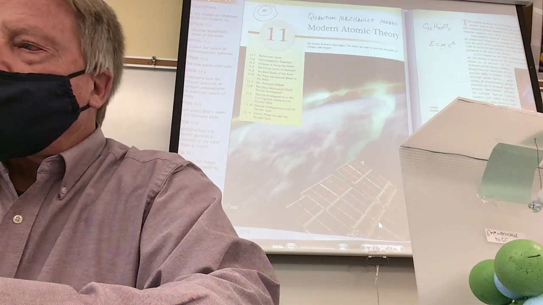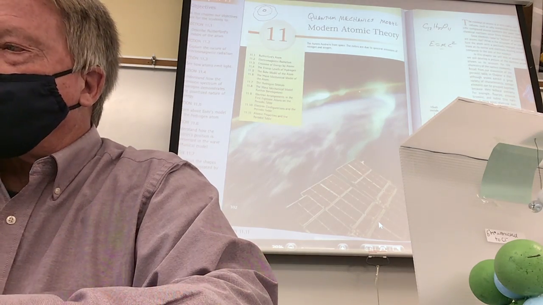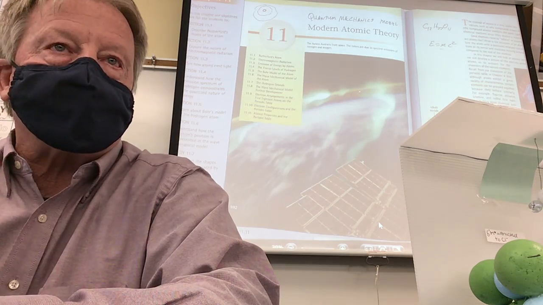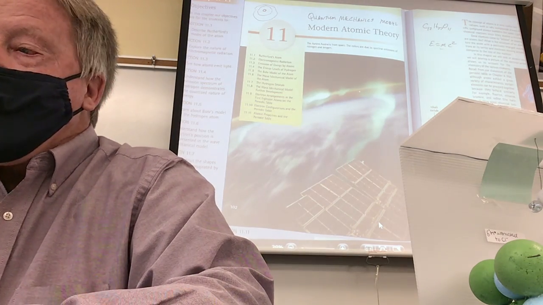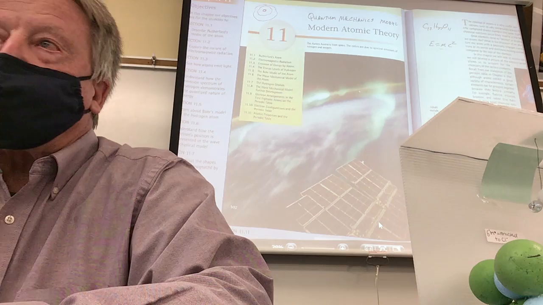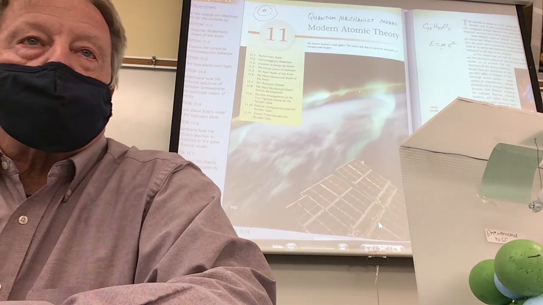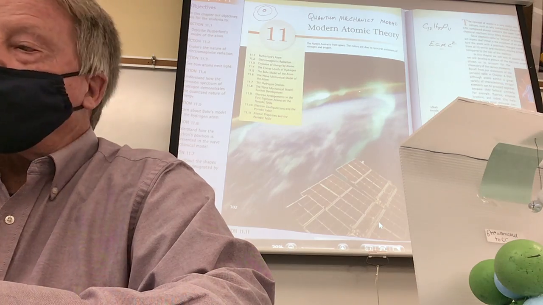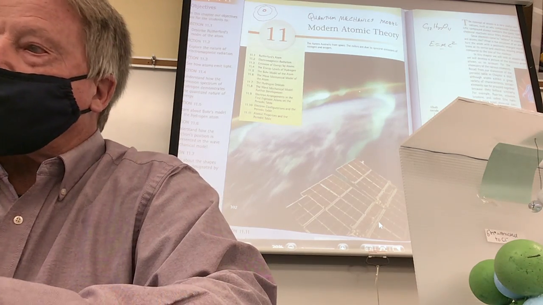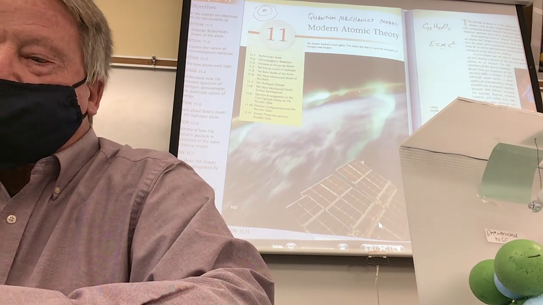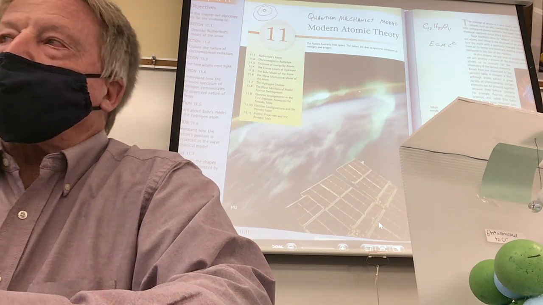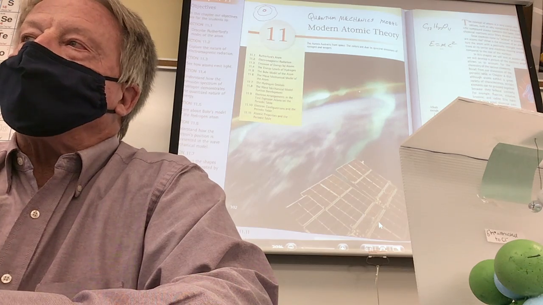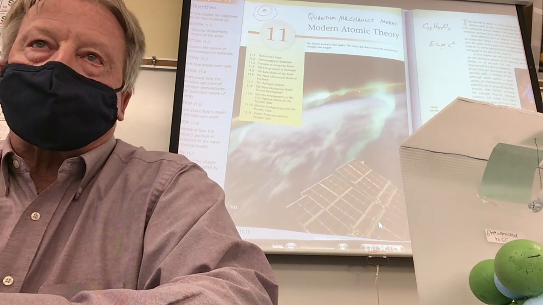Even though it says modern, most of this was developed in the early 1900s, early 20th century. And people like Einstein and Heisenberg and Schrodinger. Anyway, you'll hear some of these names and you'll find out what they did. So we're not here to study the physics as much. We have a little bit of physics in this chapter, but we're not here to study the deep physics of it.